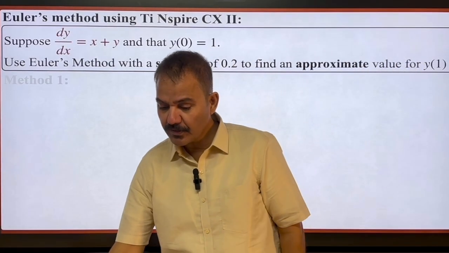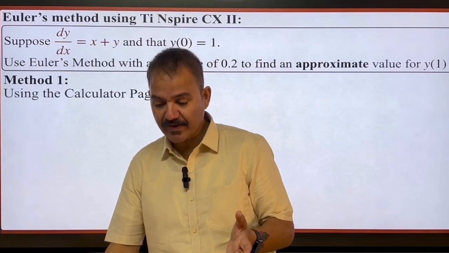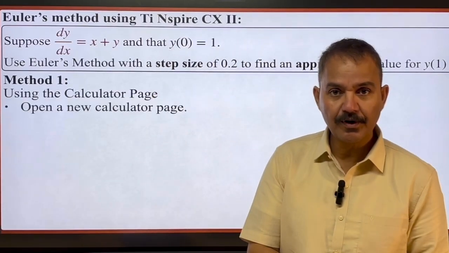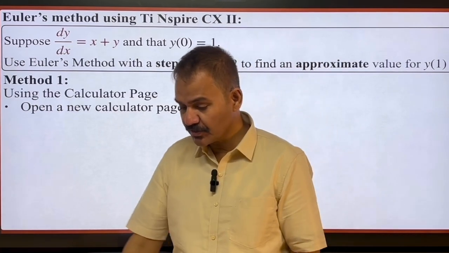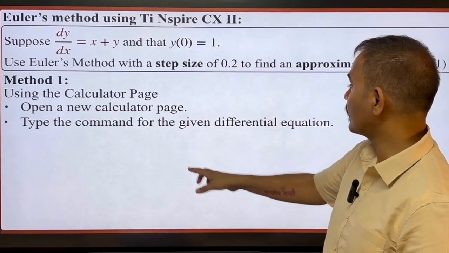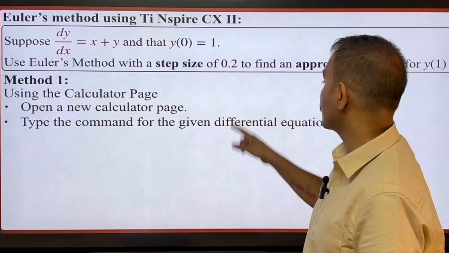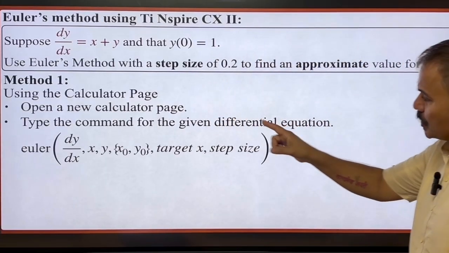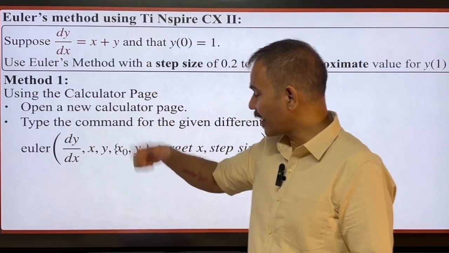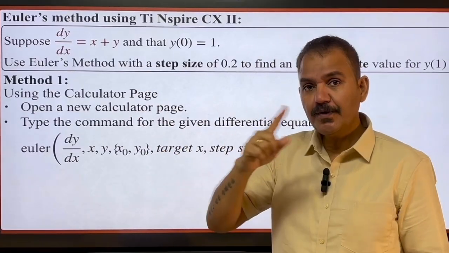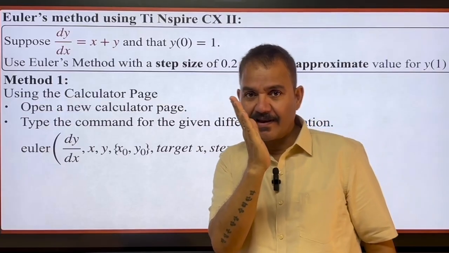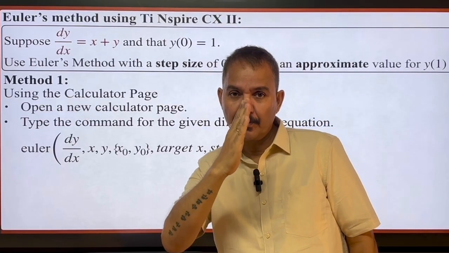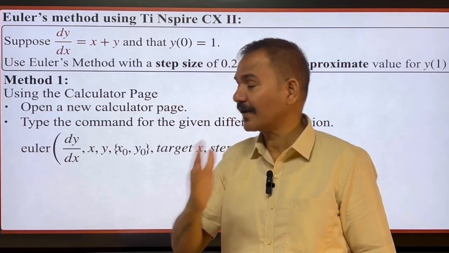Now, in the TI-Nspire graphing calculator, open a calculator page and just type this command for the given differential equation. What is the command? Write euler, then a bracket. When you write euler, you will find it is italic. The moment you complete writing euler, it becomes normal text.